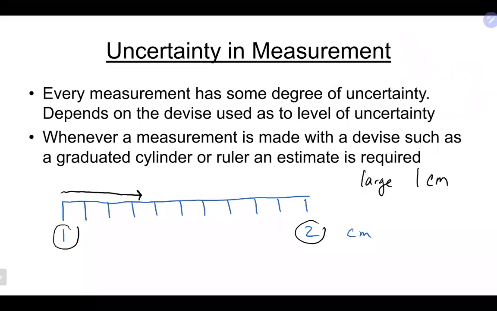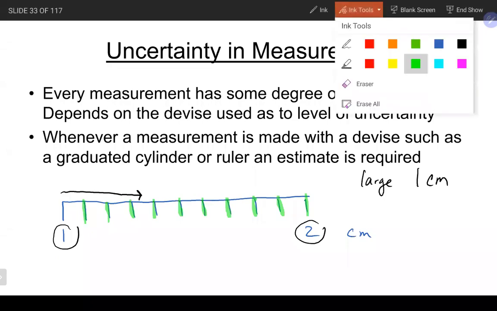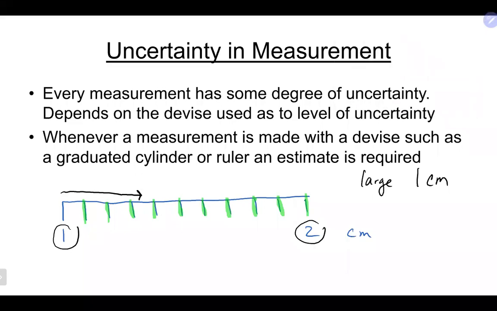We count the very first small marking past the number, so that is our 1. We have 2, 3, 4, 5, 6, 7, 8, 9, and 10. So we basically have 10 markings between the largest markings. So in this particular case, because we have 10 markings, each of the smallest markings represents how much?